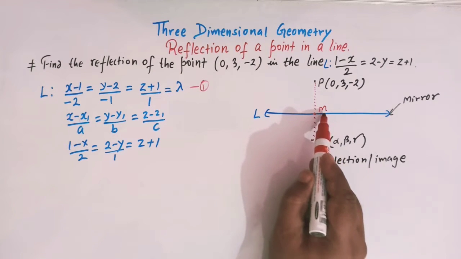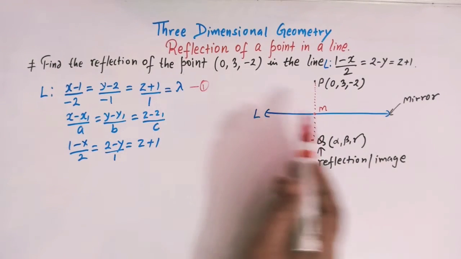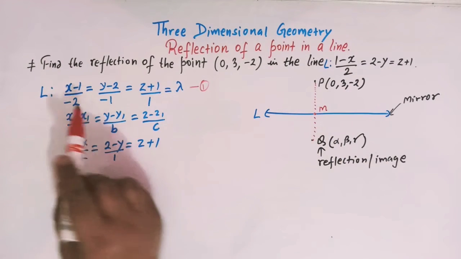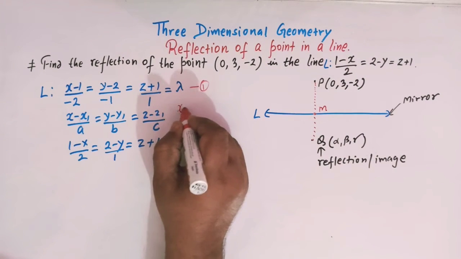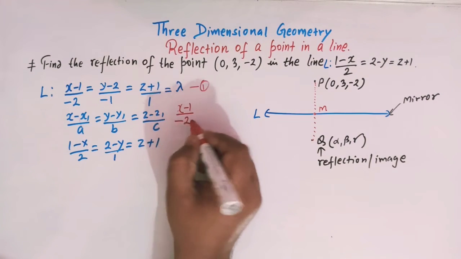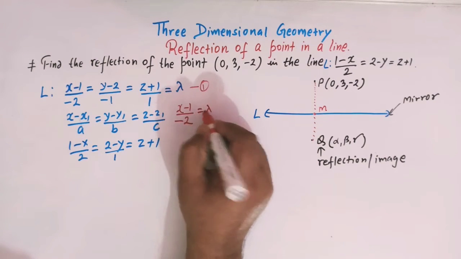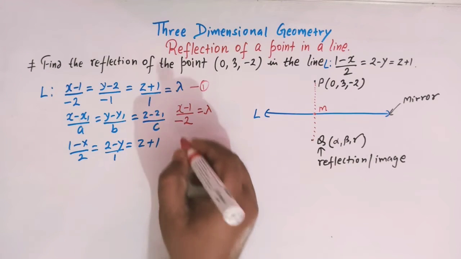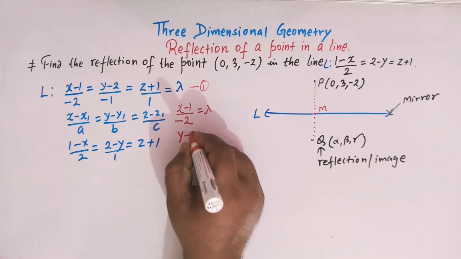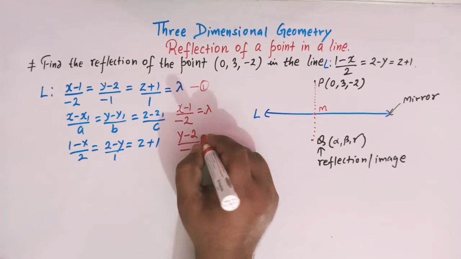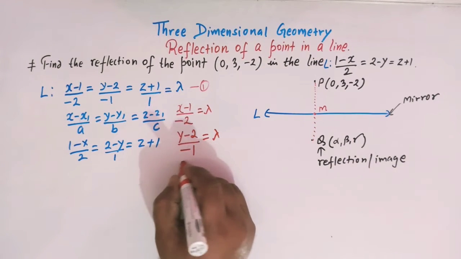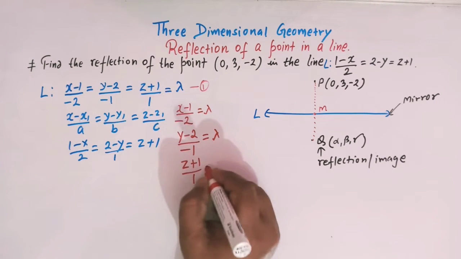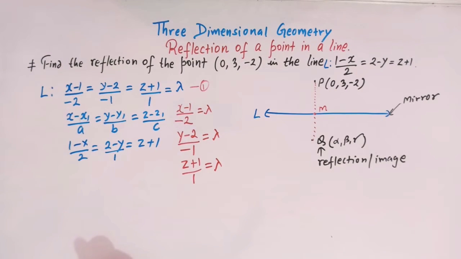and from this equation we can find out the coordinates of this point M, right? So we can find out it like this, that is we can write x minus 1 over minus 2 equal to lambda, that is we'll take x minus 1 over minus 2 is equal to lambda, then y minus 2 over minus 1 is equal to lambda, and z plus 1 over 1 is equal to lambda, right?